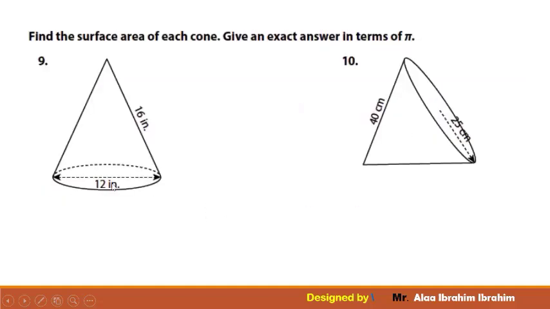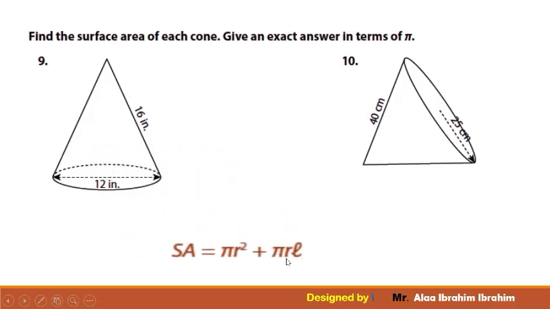These are your formulas. To deal with a cone, I have to remember the rule. I have to find the area first. The first part is the area of the circle, pi r squared, so I need the radius. This is 6 here, so pi times 6 to the power 2, plus the other part, pi r l.